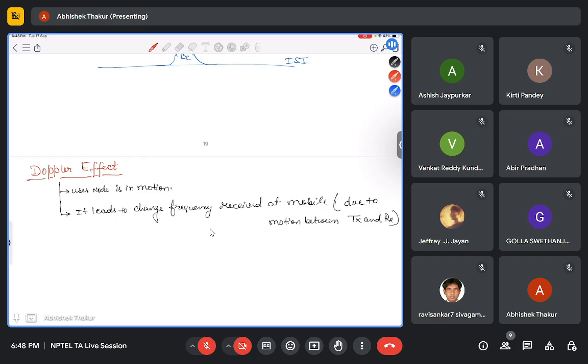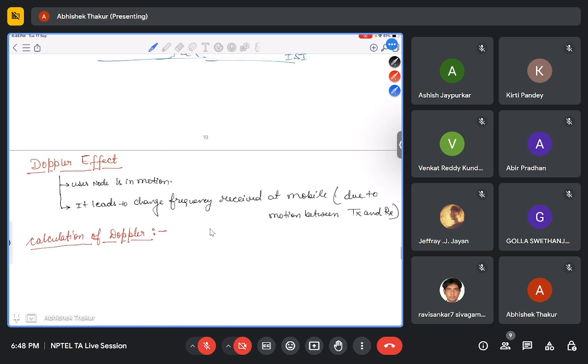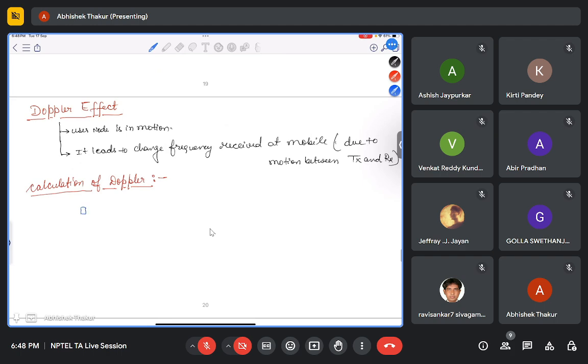Now, calculation of Doppler shift. Let's suppose this is our base station, and here is a mobile node which is moving.